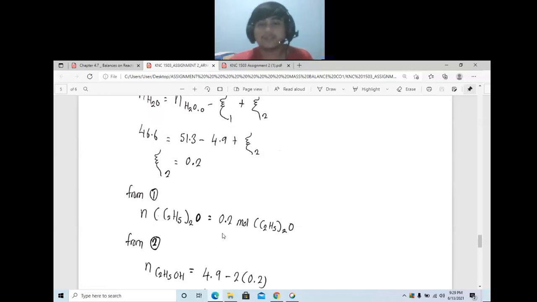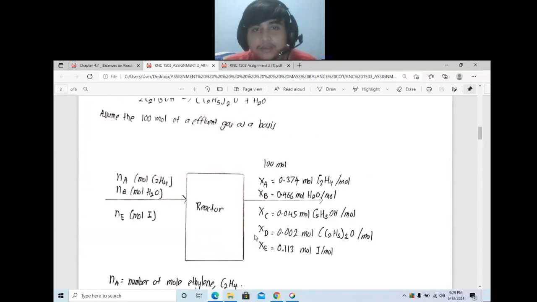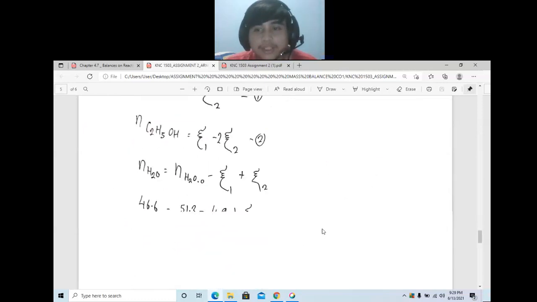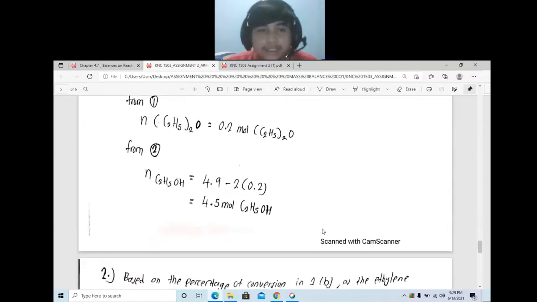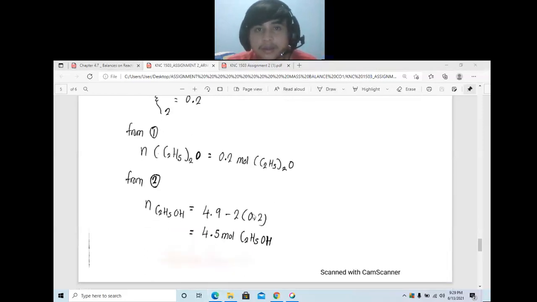Sorry, I mean 0.2 before this. Here we multiplied 0.002 by 100, and we get 0.2. So our calculation exactness using the extent of reaction is accepted, complete.